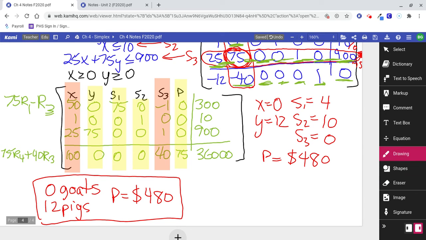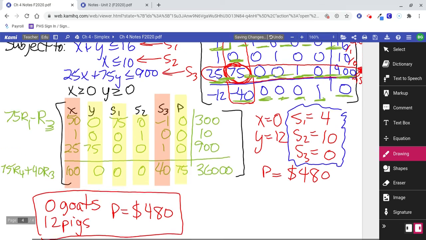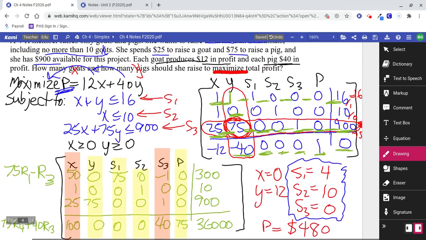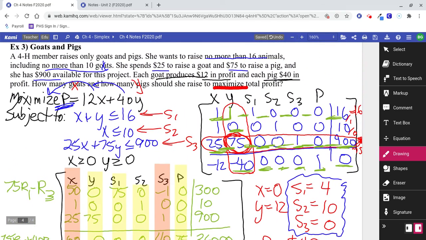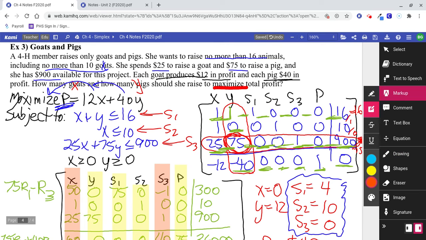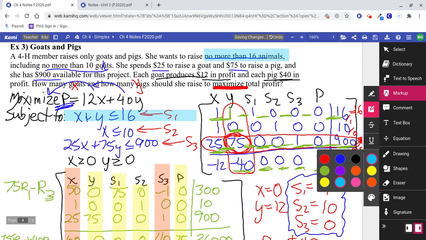Okay, this slack actually has some meaning as well. It's not just there for no reason. S1, okay, if you think about the context behind the inequality for S1, let's look at this here. S1 was talking about no more than 16 animals.